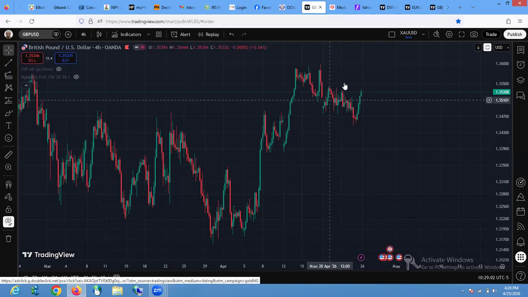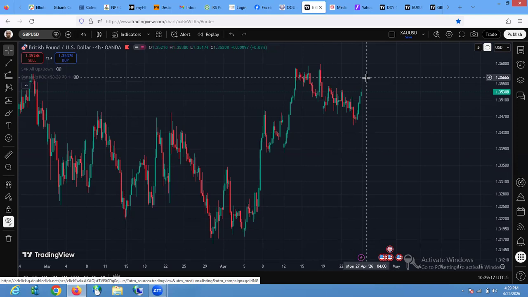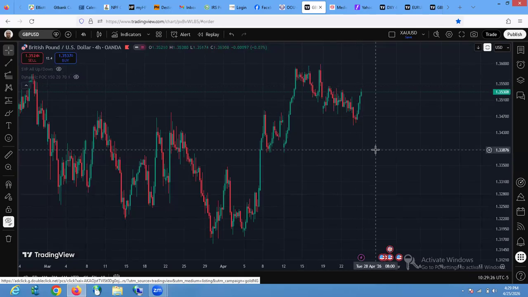We might be cooking a B wave here, where this one becomes an A wave, A of B, B of B, probably an extended flat in the middle here. Somewhere in this region, the price may give us a fall again, giving us probably an A, B, C to the downside.